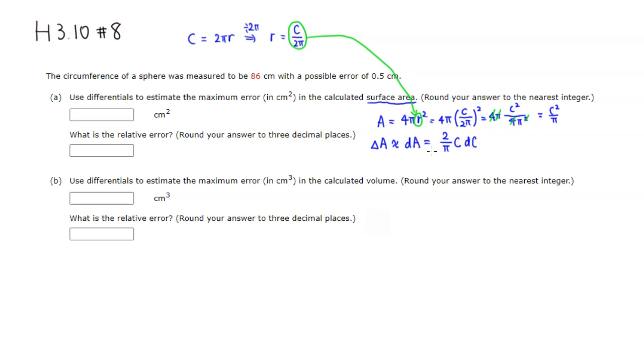So we have 2, pi is pi, c is 86 centimeters, so put 86 for c. And dc is the possible error, so it's 0.5. We can cancel 2 and 0.5 makes 1, so we get 86 over pi. And we have to round it to the nearest integer.